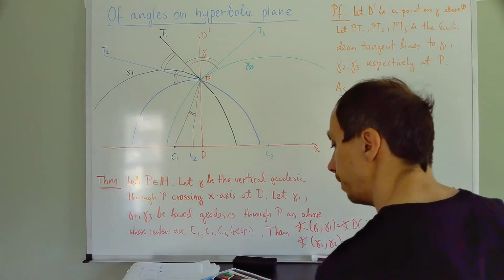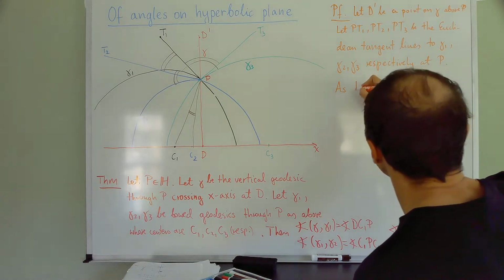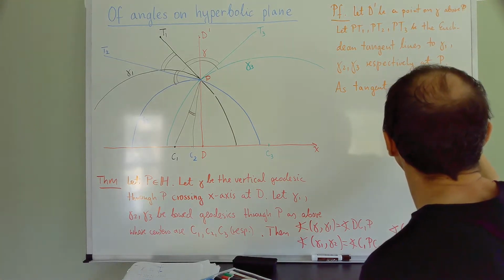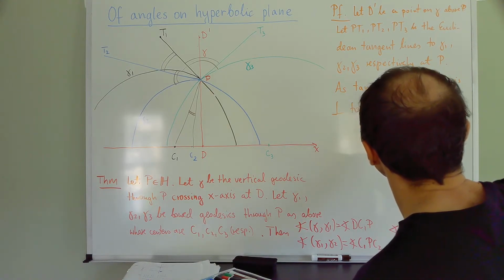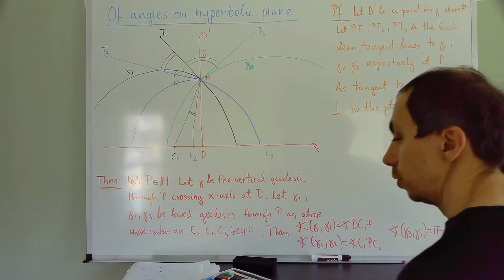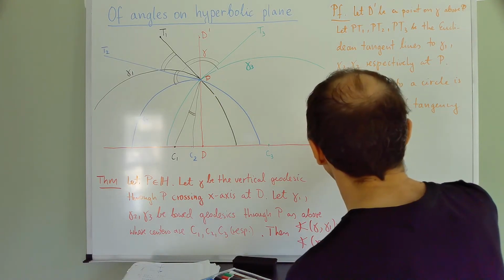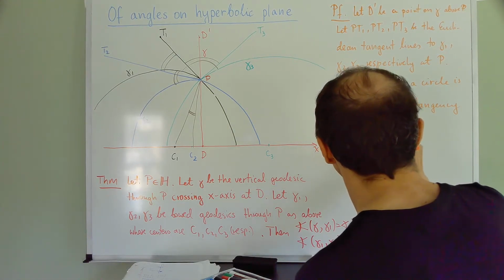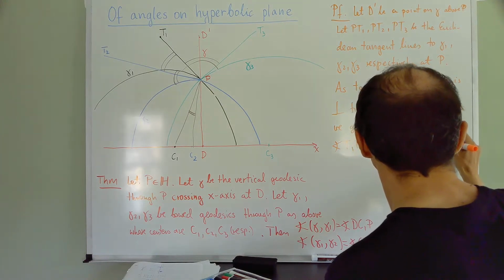So as the tangent to a circle is perpendicular to the radius at the point of tangency, we get that some angles here are right angles, namely T1 P C1, T2 P C2, T3 P C3.